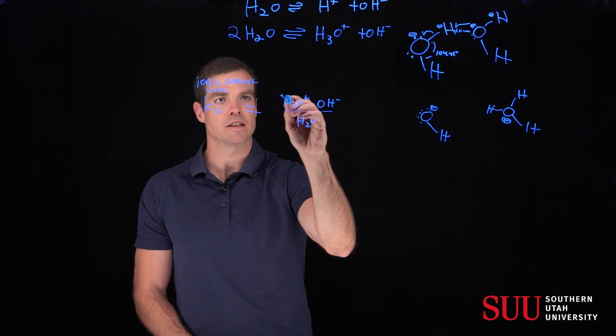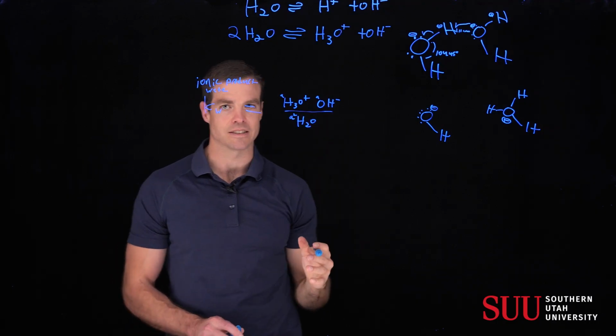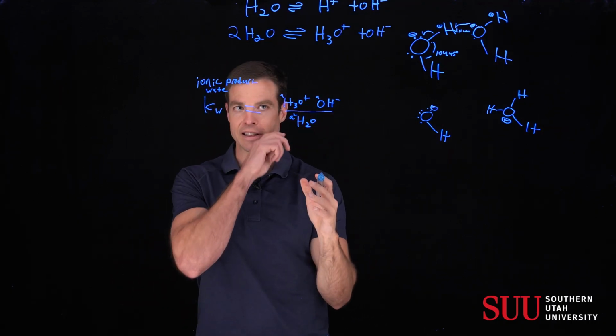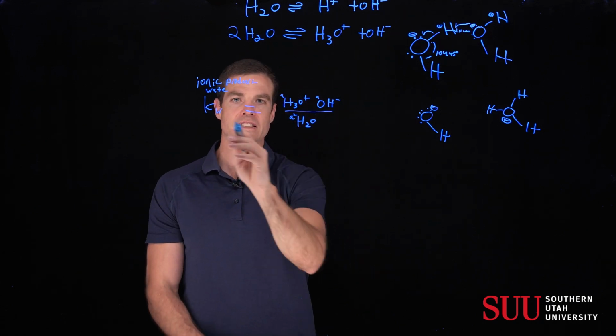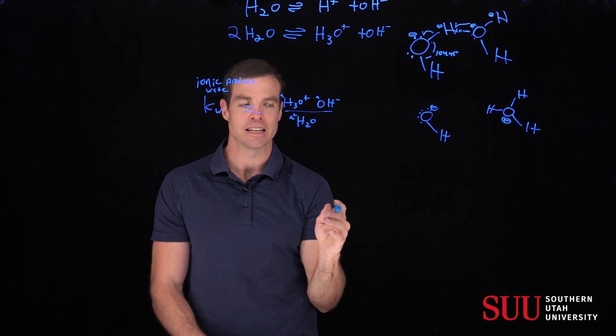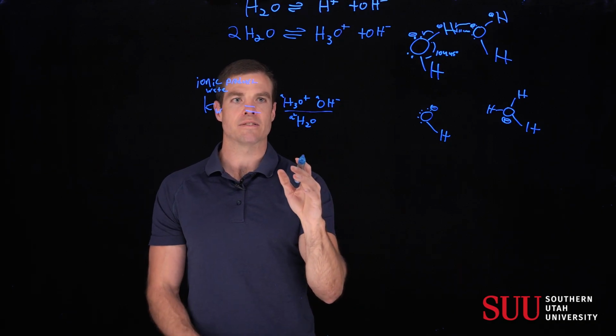And these are the activities, which I wrote as A. This is how it is defined: the activity of the hydronium ion, the activity of the water, and so on. This is how the Kw is actually defined.